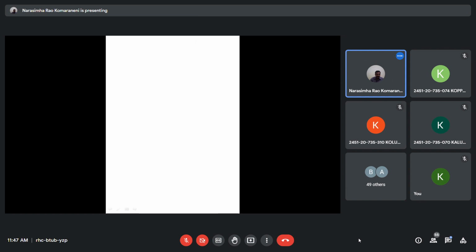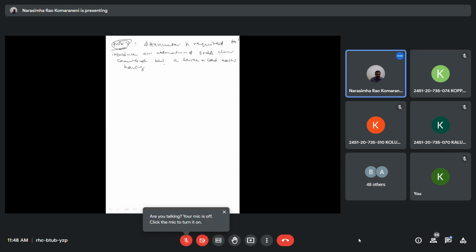Okay. Next, see one more formula. An attenuator is required to introduce an attenuation of 30 decibels when connected between a source and load, each having an impedance of 600 ohms.